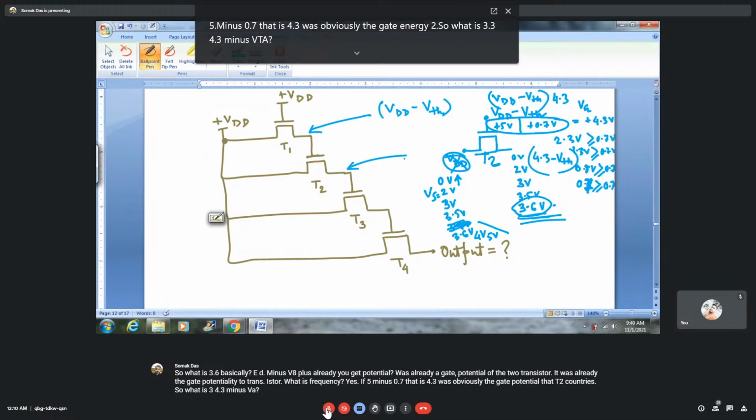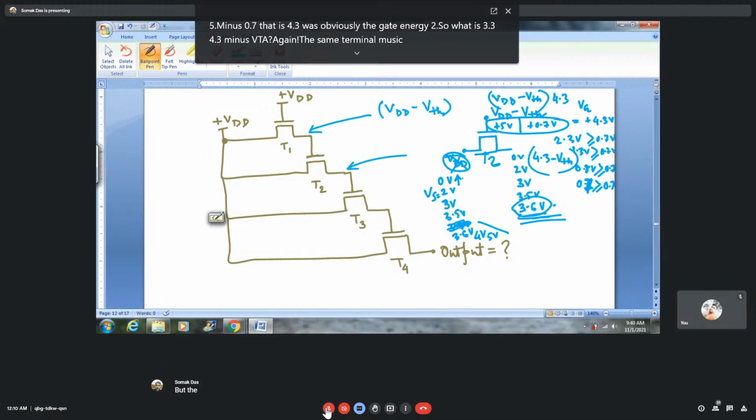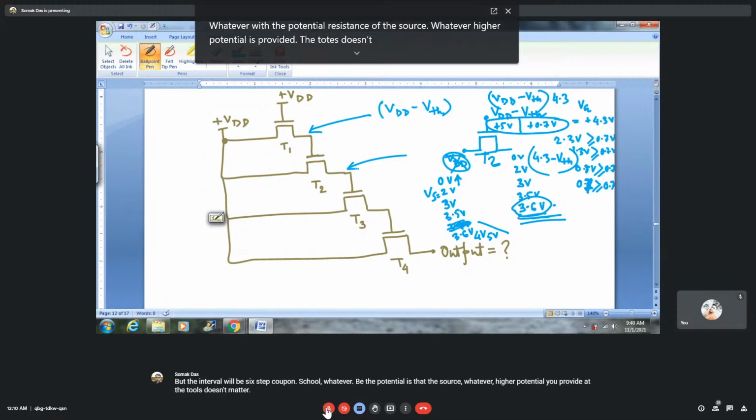Is it clear? So the drain terminal will be fixed at 3.6 volts. Whatever higher potential you provide at the source, it doesn't matter. It will just stop at VDD minus VTH, which was already provided at the gate terminal of T2.